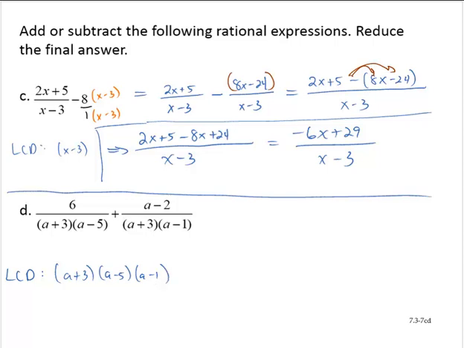My first fraction is missing a factor of a minus 1, so we build it into the denominator and numerator. My second fraction is missing a factor of a minus 5, so we will build it into the denominator and numerator.